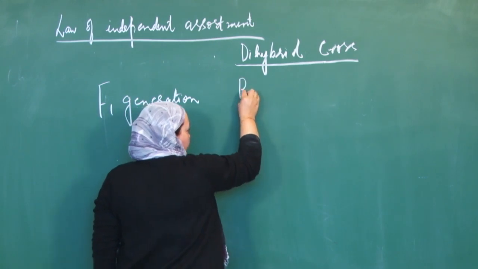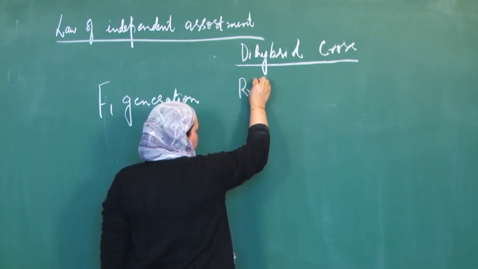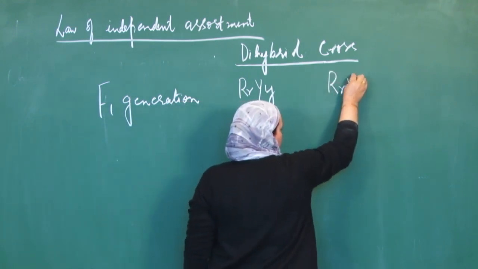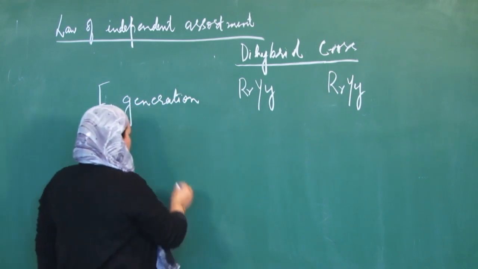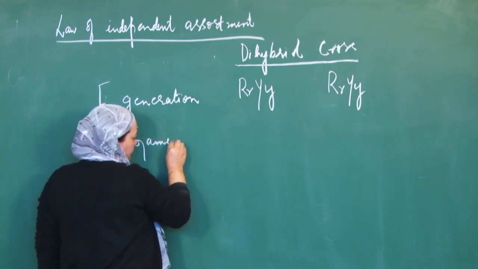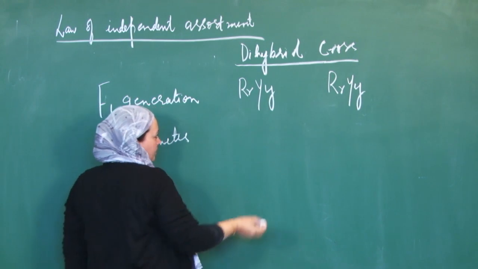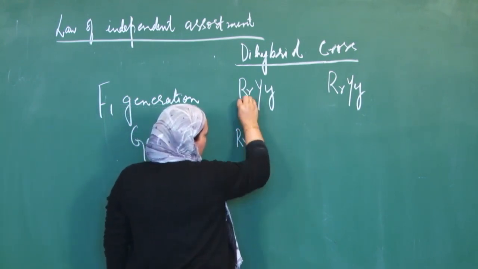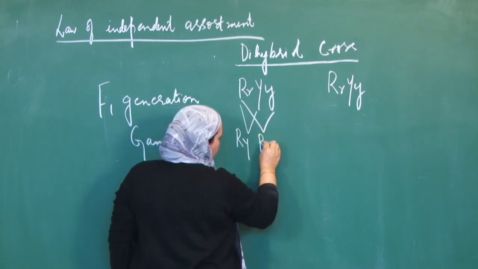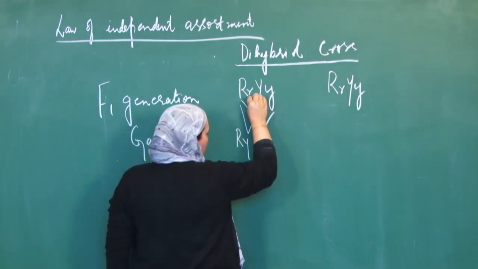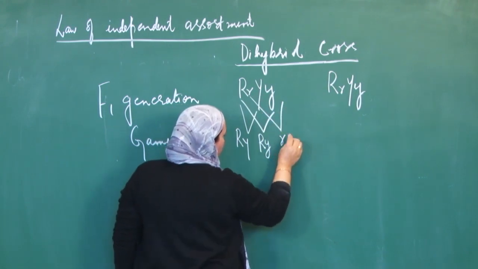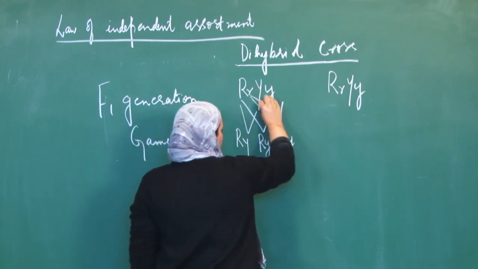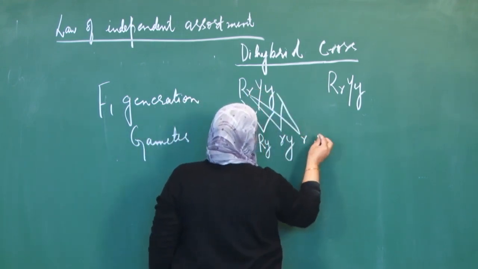So the gametes were round yellow, round green, wrinkled yellow and wrinkled green.